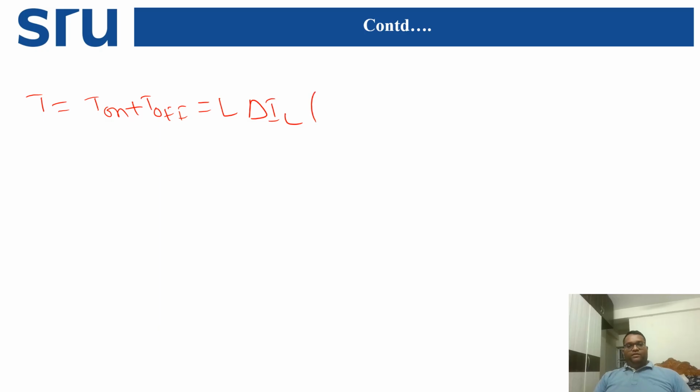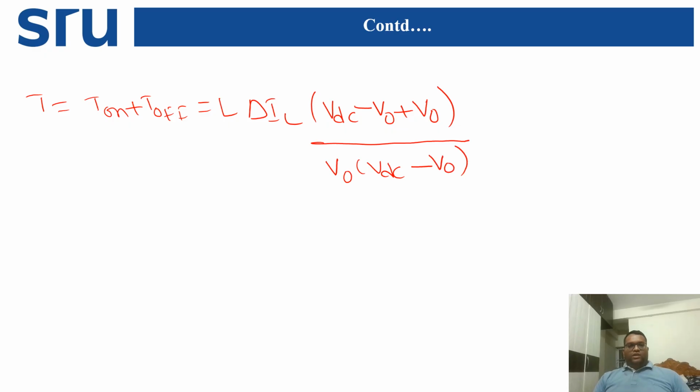Then we have VDC minus V naught plus V naught, divided by V naught into VDC minus V naught. This is the derivation we will get. Now, as we know from the previous derivation, V naught will get cancelled.